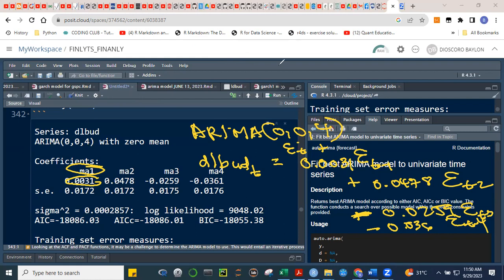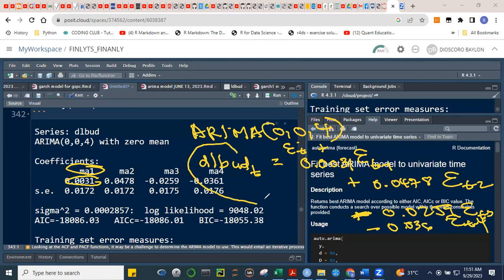Hello, sir. Yes? Question. Yeah, sure. For AR, Y sub t, no? Yeah, our Y sub t is D log BUD. This is what we're modeling, right? Yes, sir. So I could have used Y sub t here. But since we're modeling specifically the log returns of BUD, then I used this one.